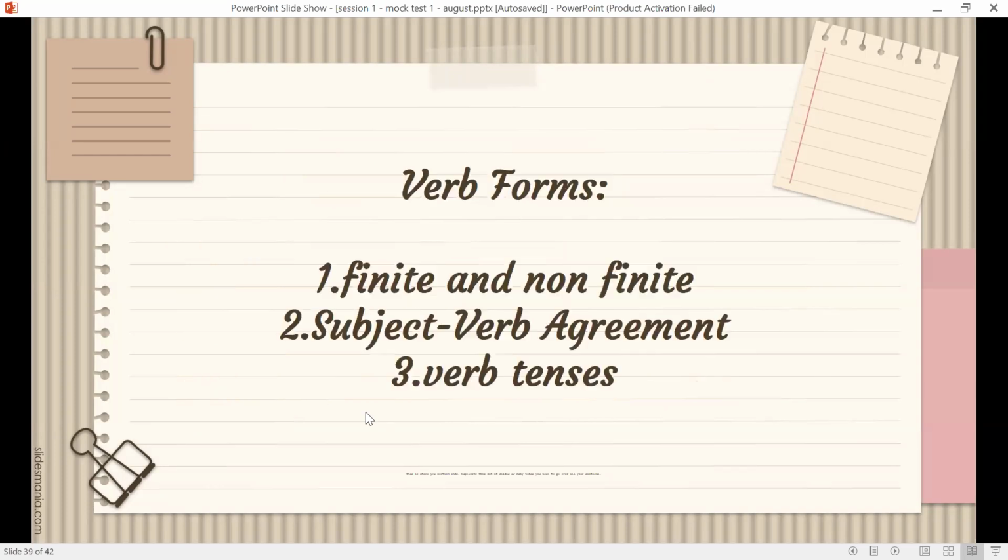And we focused on verb forms, the finite and non-finite, the subject-verb agreement, the verb tenses. We knew the difference between finite and non-finite, the different forms of non-finite, and how to identify finite and non-finite questions, subject-verb agreement questions when you find singular and plural, and verb tenses questions when you find different tenses.